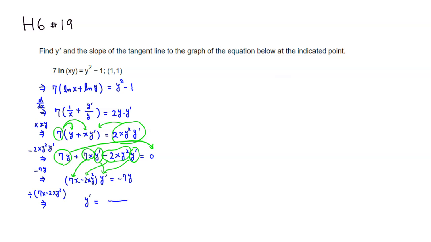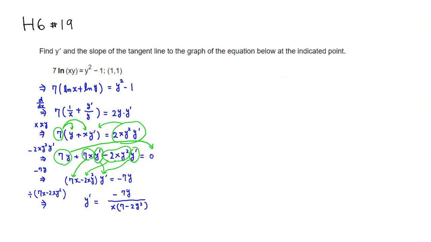You have a negative 7y over 7x minus 2xy squared. Actually, x is in common, so you can pull x out. You have x times the quantity 7 minus 2y squared. So that's the derivative.